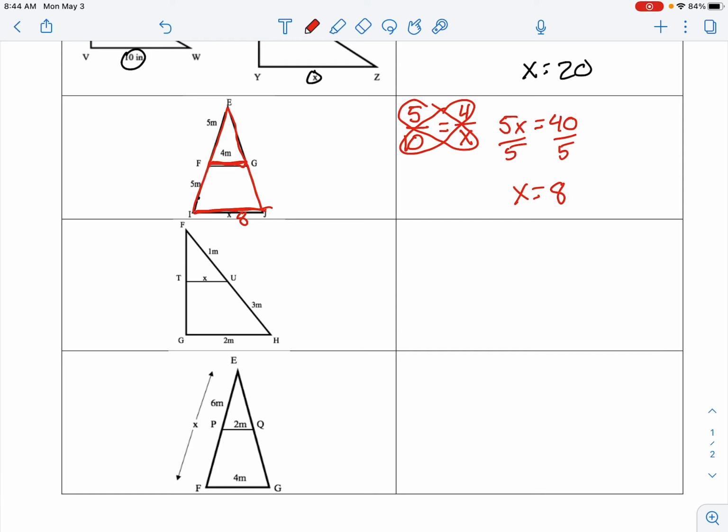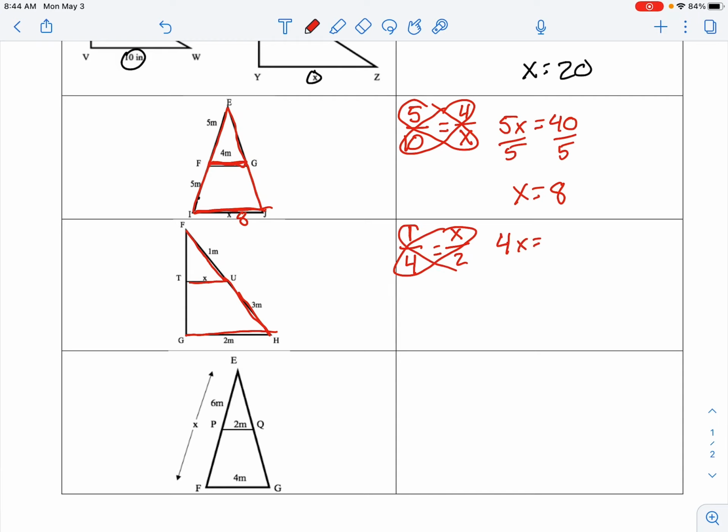Alrighty, hopefully this is becoming pretty quick here. If you want to, pause for these last two and try them by yourself and then come back and see how you did, compare with the video. So small triangle, I'm going, looks like 1 over, and the big triangle is 1 and 3, which is 4, equals, small triangle, so x over big triangle, which is 2.